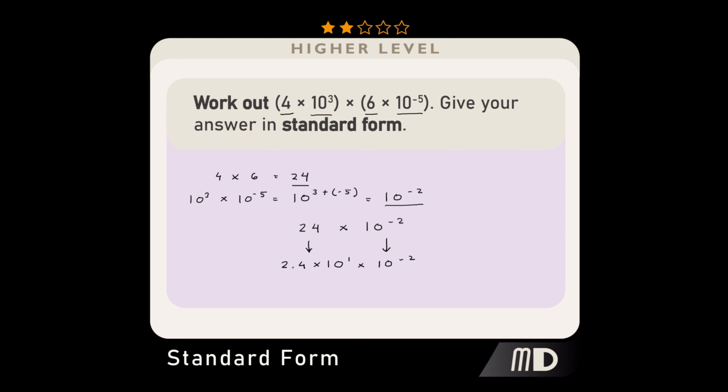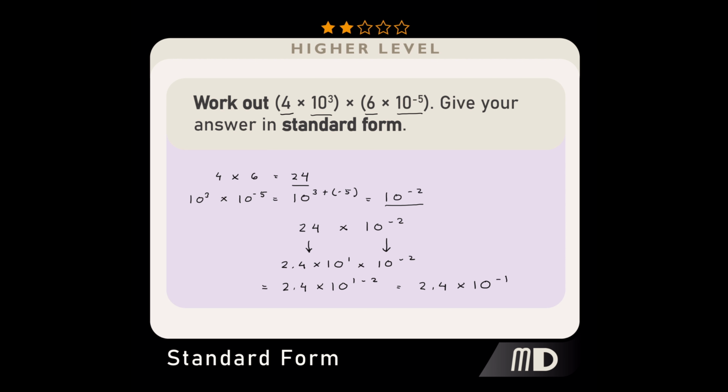Adding the exponents, as before, gives us 2.4 multiplied by 10 to the power of 1 minus 2, which is equal to 2.4 multiplied by 10 to the power of -1.